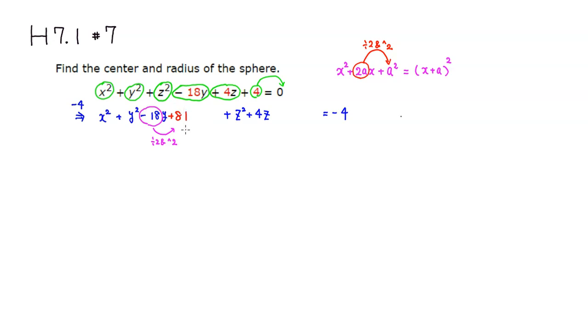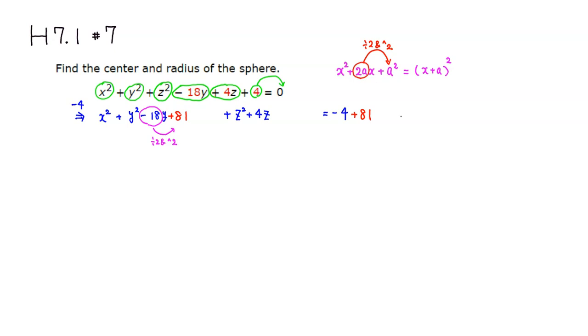But you can't just put 81 only on the left hand side. 81 wasn't there, we just want that number, so we add 81 to both sides of the equation.